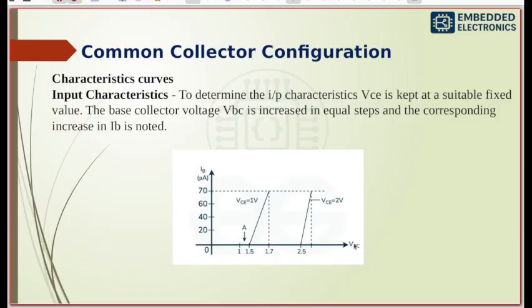This is VBC and this is IB, the base collector voltage and base current. VBC is increased in equal steps and the corresponding increase in IB is noted.